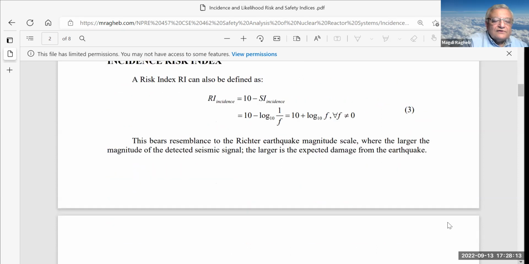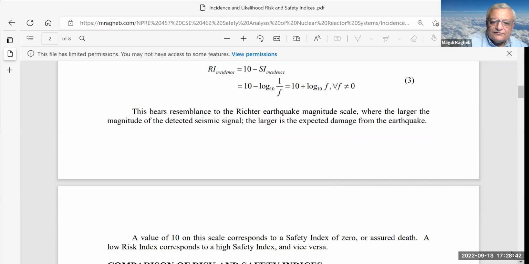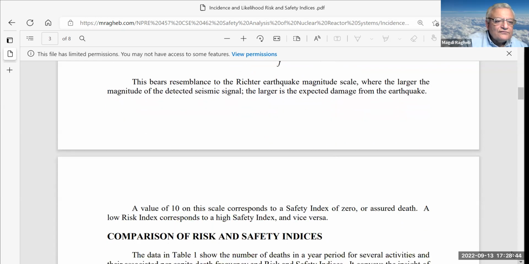And this very much bears resemblance to the Richter earthquake magnitude scale, where the larger the magnitude of the detected seismic signal on a seismograph, the larger is the expected damage from the earthquake, except that the Richter scale takes an arbitrary number of subdivision, 1 to 12 or 1 to 15, whereas here we are defining a range of 0 to 10, which is much more suitable for comparing different levels of safety or of risk.